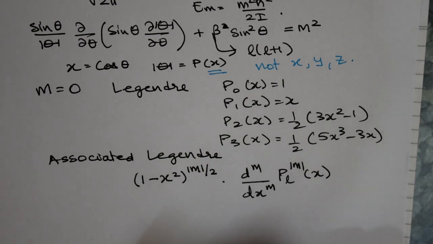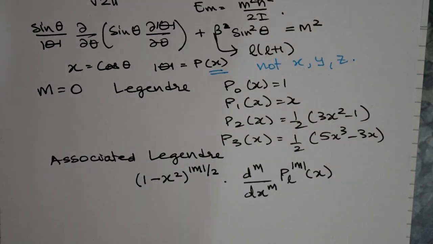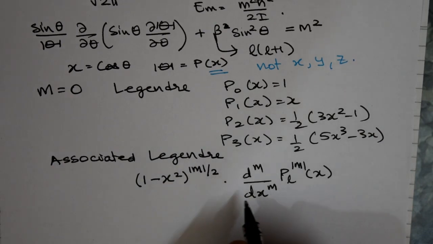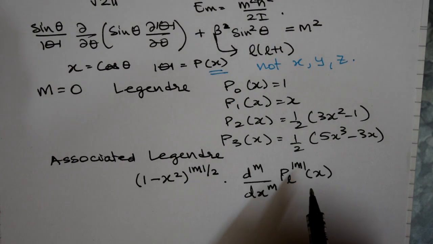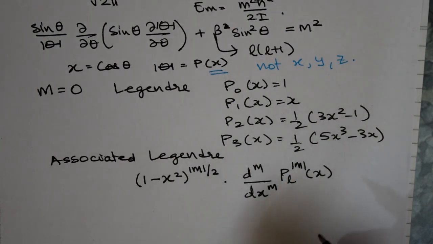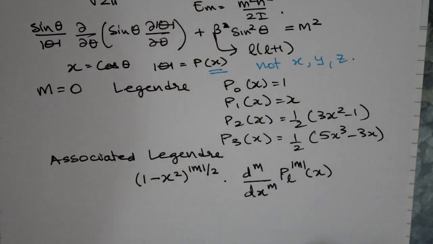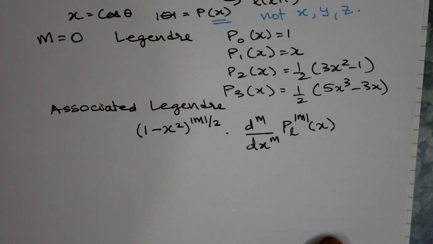This is how we would be able to determine the associated Legendre polynomials when a value of m not equal to 0 comes up. So this is what we learnt in the last class.